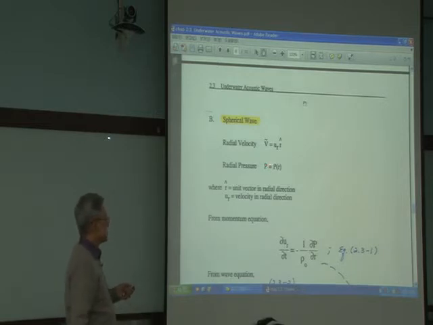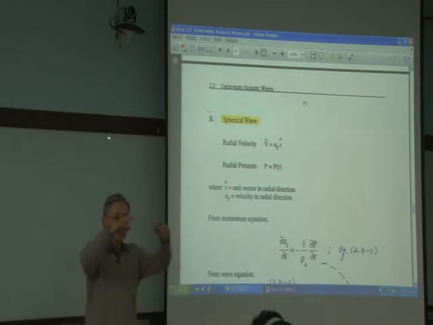Radial pressure P is a function of r only, because any point you pick on the spherical surface has the same pressure. Point symmetry, I call it. Make sense?